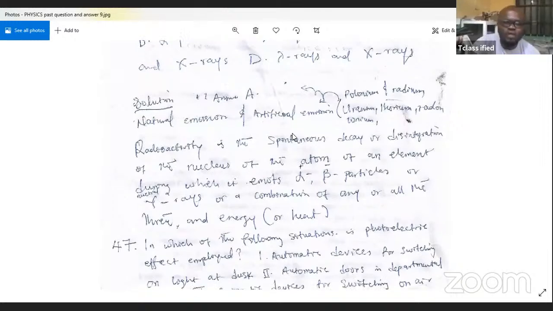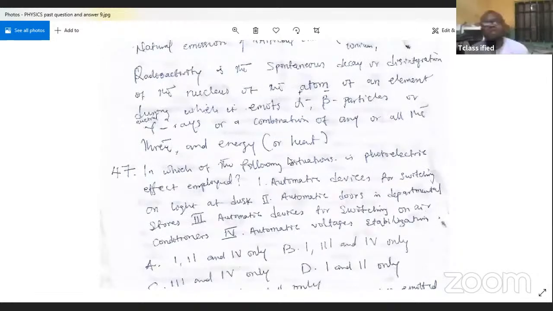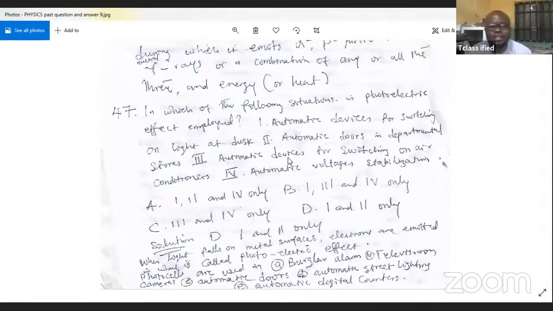Okay, let's move on to question number 47. In which of the following situations is the photoelectric effect employed? Where do we use the photoelectric effect? Is it in 1, automatic device for switching on light at dusk? 2, automatic doors in departmental stores? 3, automatic device for switching on air conditioners?